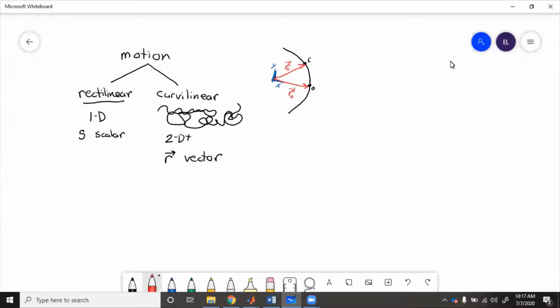The displacement here, that's delta r. So displacement is the shortest possible distance between the start and the end.